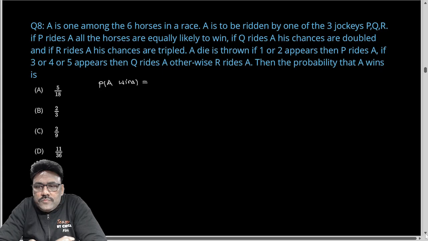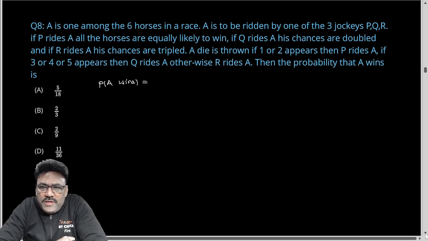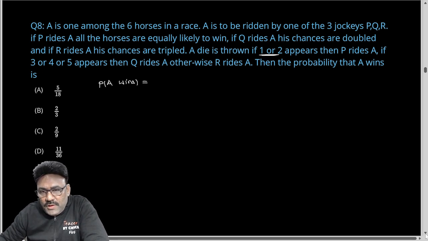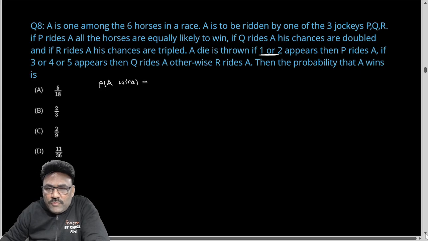Right. Now three possibilities. P rides A, Q rides A, or R rides A. So P rides A if 1 or 2 appears on the die. The probability that 1 or 2 appears on the die is 2 by 6. And in this case, P rides A, and when P rides A, all horses are equally likely to win.